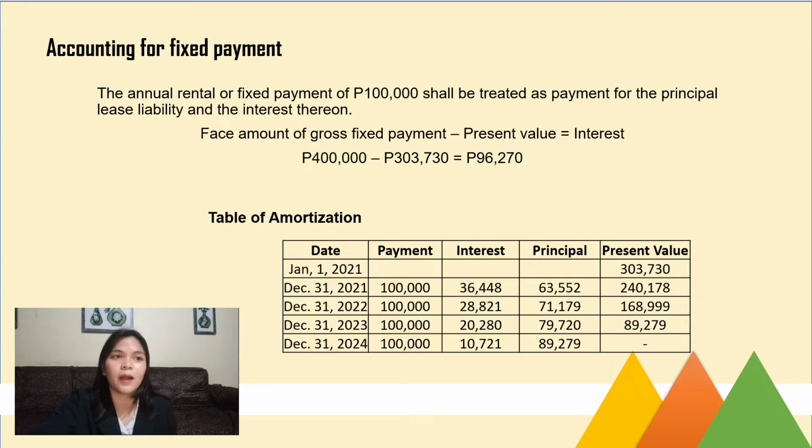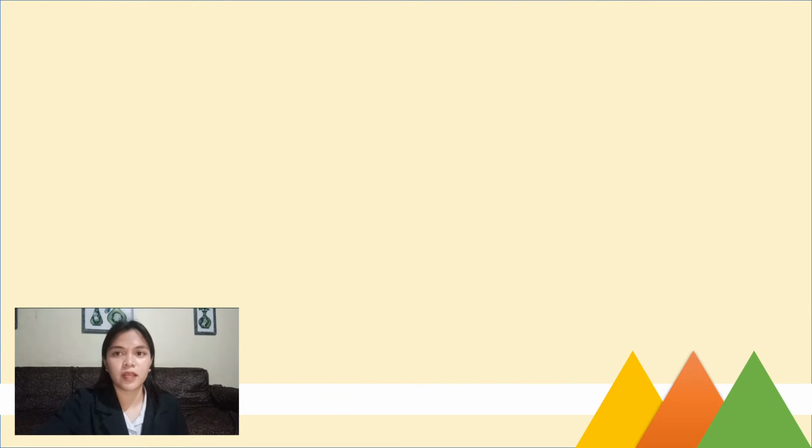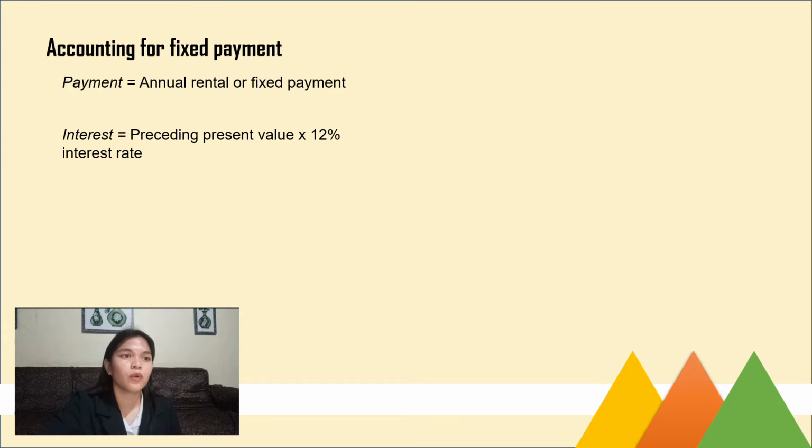So here we have the table of amortization. So paano nga ba natin nakuha yung mga value na nandoon sa table of amortization natin? So yung payment, yun yung annual rental or fixed payment na 100,000 na babayaran natin every year. So para makuha yung interest, we will just multiply the preceding present value by 12% interest rate.